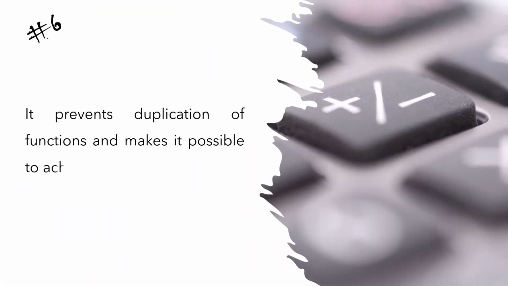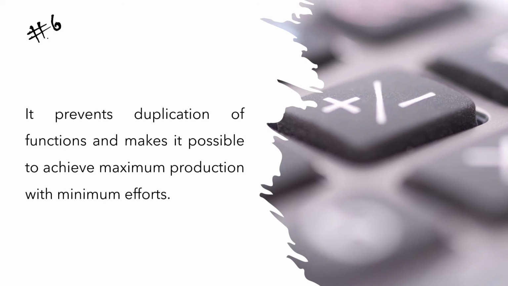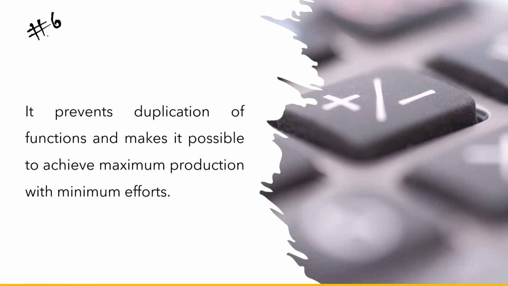It prevents duplication of functions and makes it possible to achieve maximum production with minimum efforts. Thus, to achieve these benefits, an organizational structure should be designed well with care.